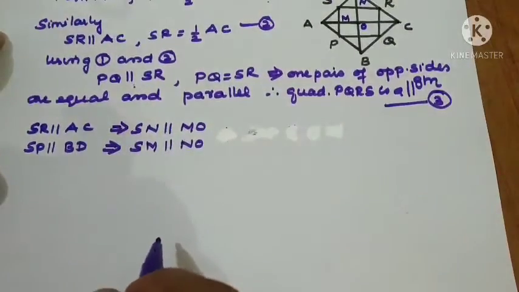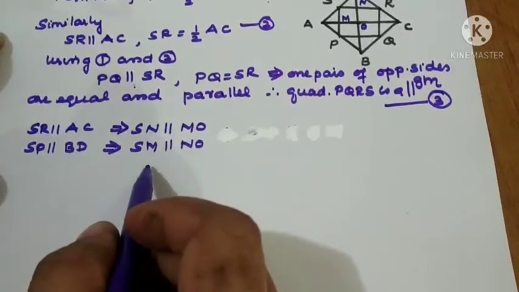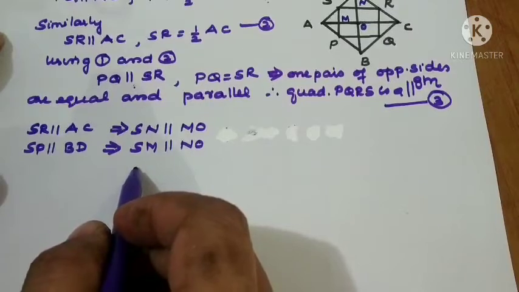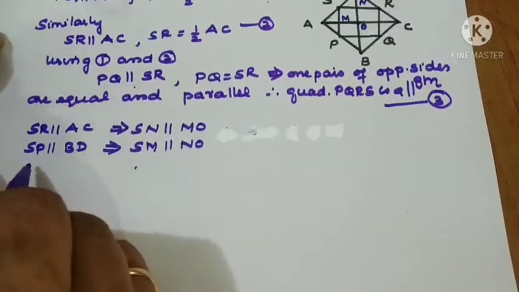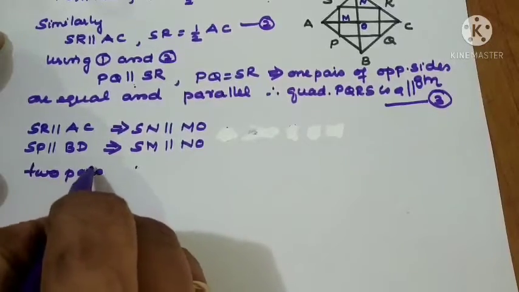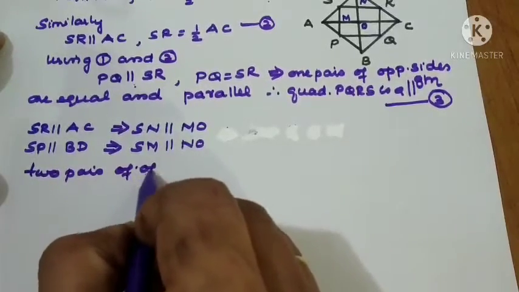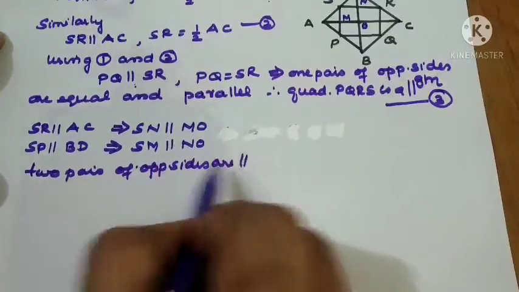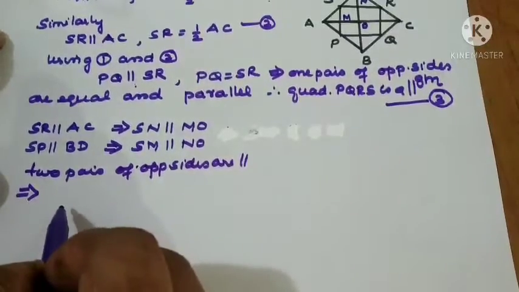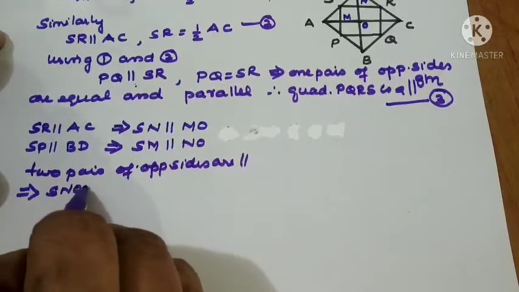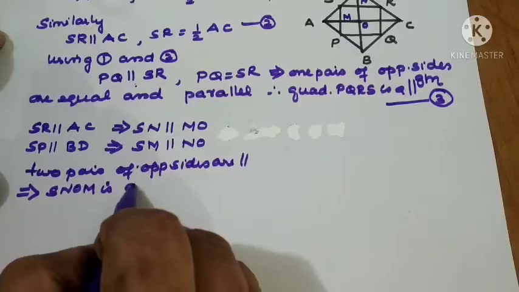Now two pairs of opposite sides are parallel: SM parallel to NO and SN parallel to MO. That means we can say that two pairs of opposite sides are parallel. This implies SNOM is a parallelogram.